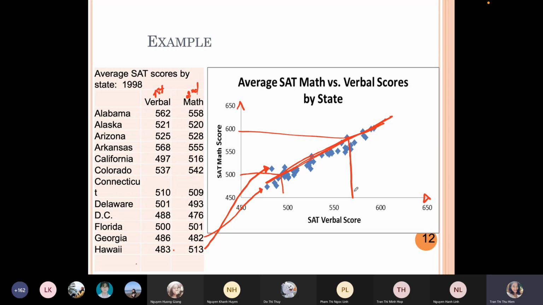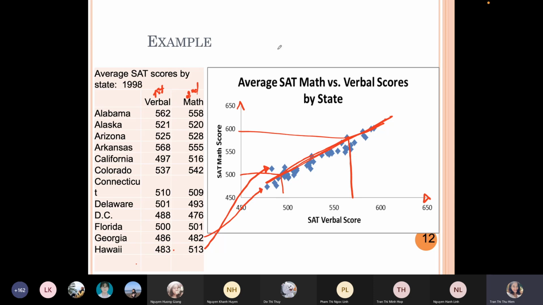The relationship is not perfect in that all points are not on a straight line. However, the general pattern of the points suggests that the overall relationship is positive.